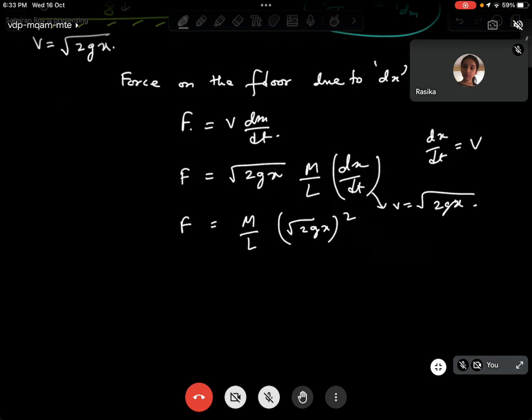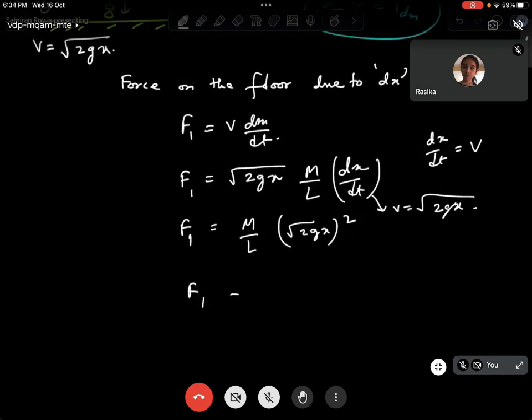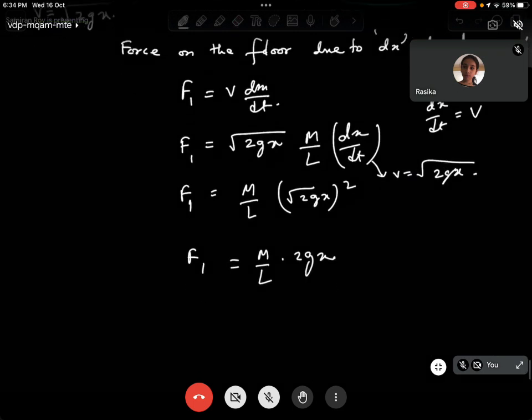F1, I am writing, F1 equals m by L into 2gx, so 2mgx by L.